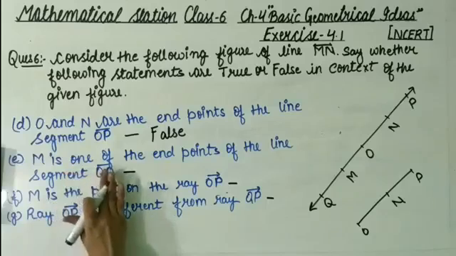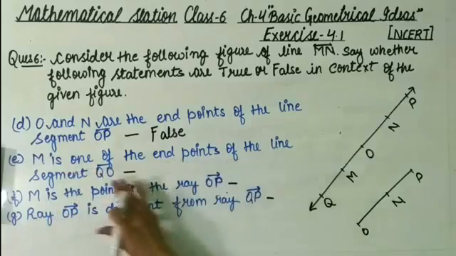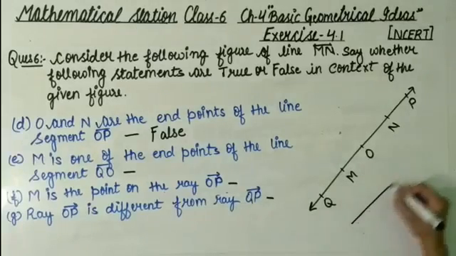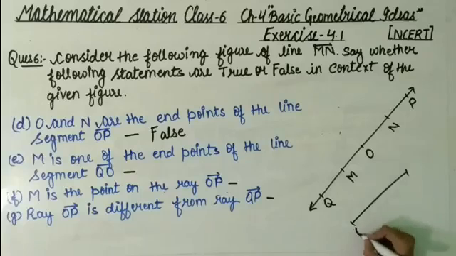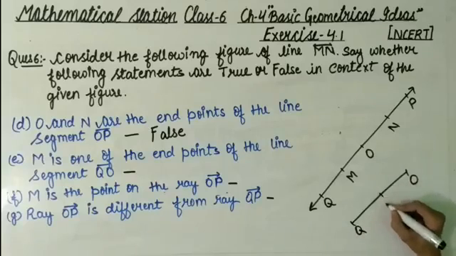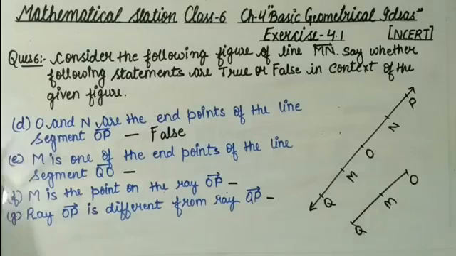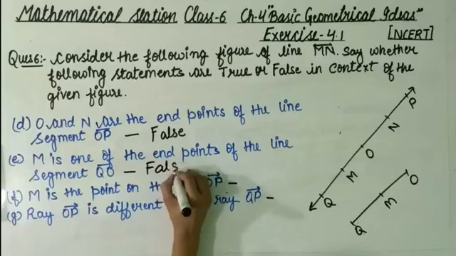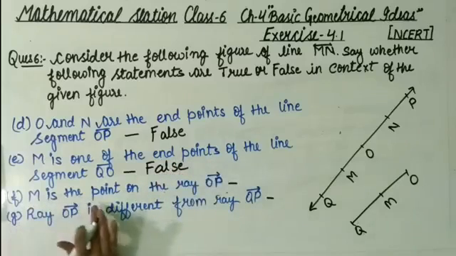Next is: M is one of the end points of the line segment QO. If we see the line segment from Q to O, then is M one of the end points of QO? No, it is not. M is in the middle, so this statement is wrong. So we will write false.